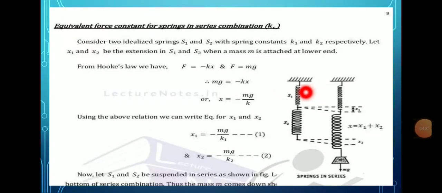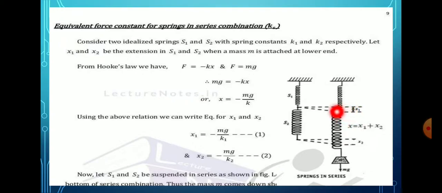Let us consider two idealized springs S1 and S2 with spring constants k1 and k2. Let x1 and x2 be the extensions in S1 and S2 when the mass m is attached at the lower end.